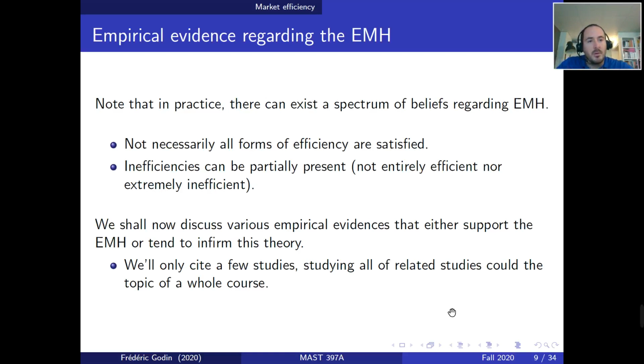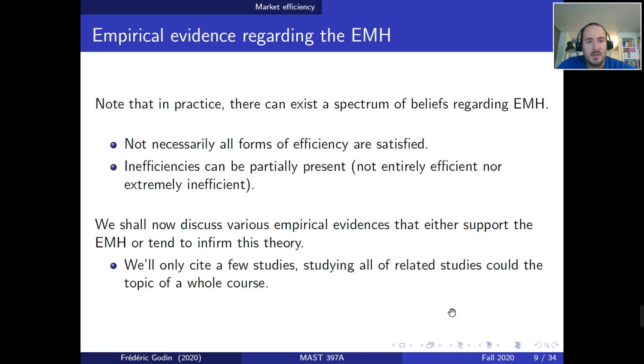So what we will do next is discuss evidence and studies that either support the efficient market hypothesis or tend to infirm the theory. In what follows, we'll only cite a few studies instead of studying a very large number of them, because you could have 4 month courses fully dedicated to this topic.